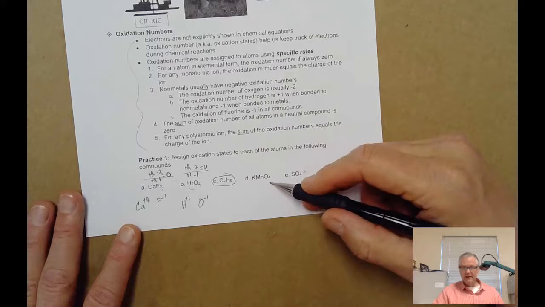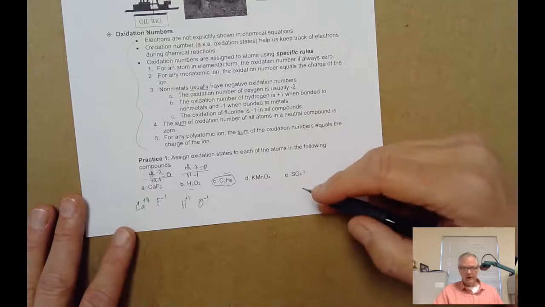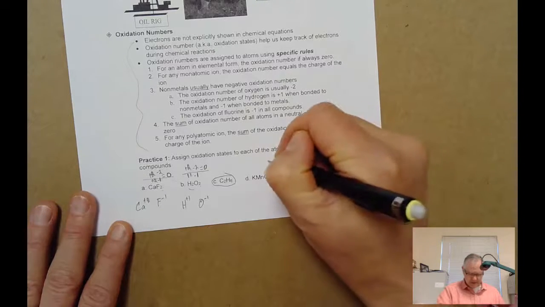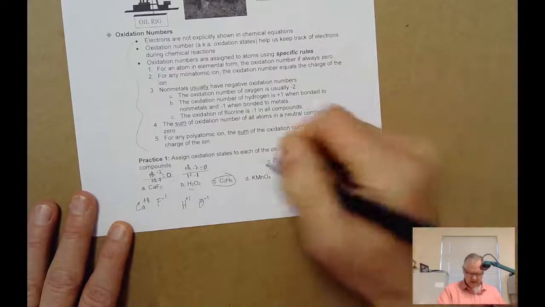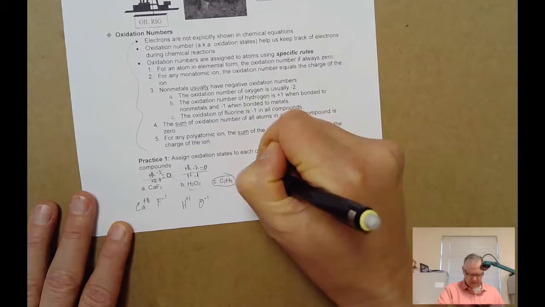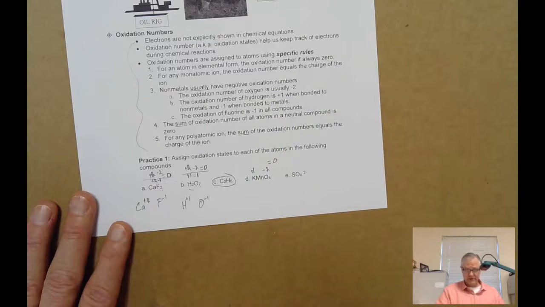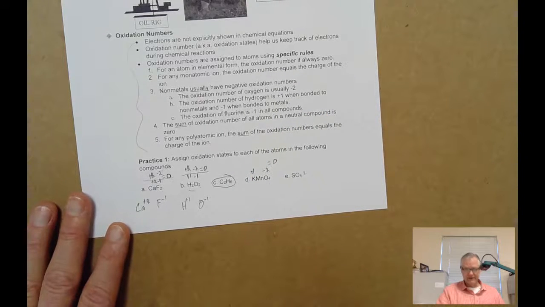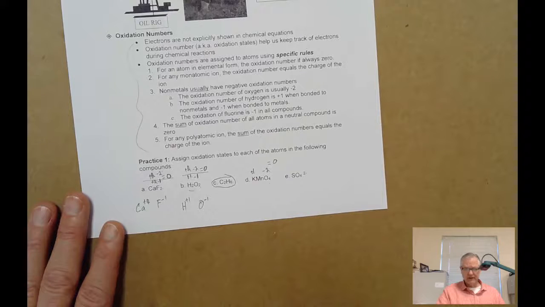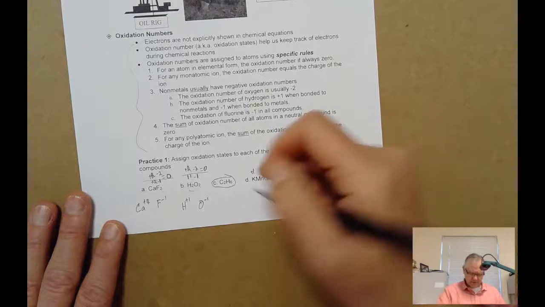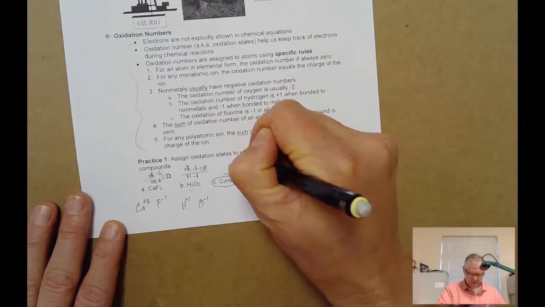This is what we're going to be doing a lot of. And again, let's put it at 0. I know that the potassium is +1. I know that the oxygen is -2. I always get somebody who says, how did you know oxygen was -2? Well, let's just go through and look at it first. We've got a +1 on the top.